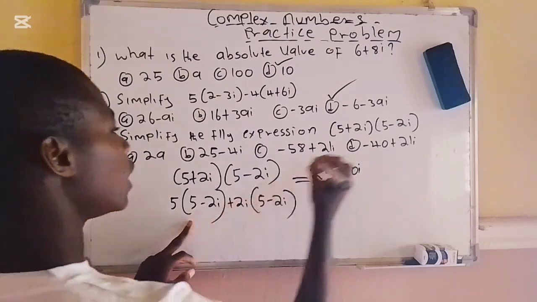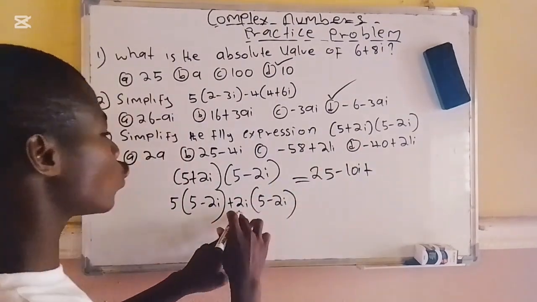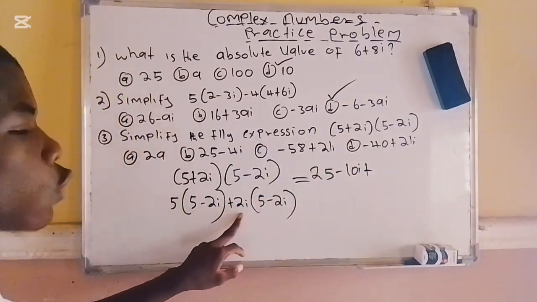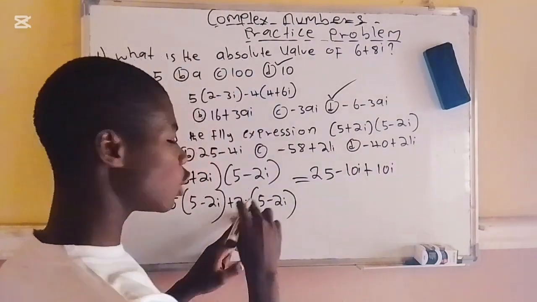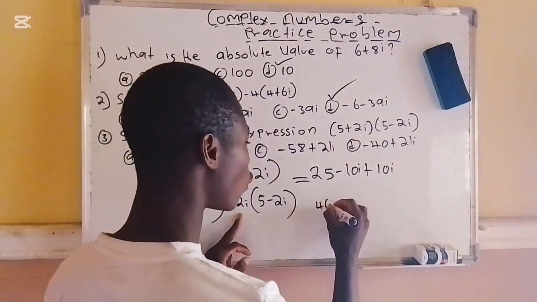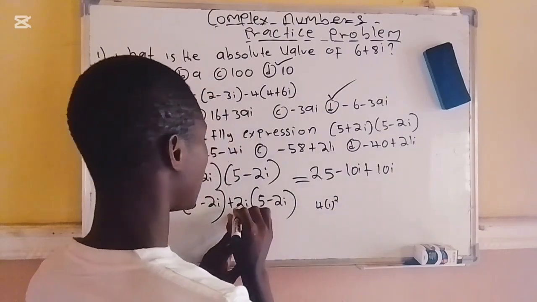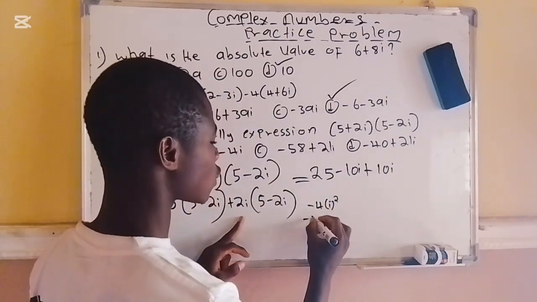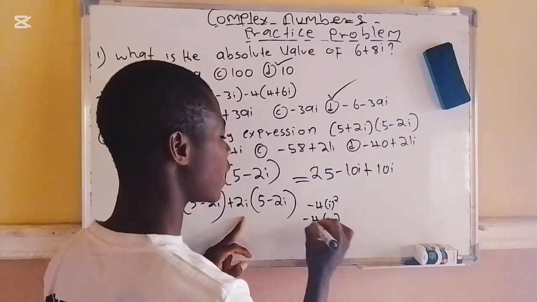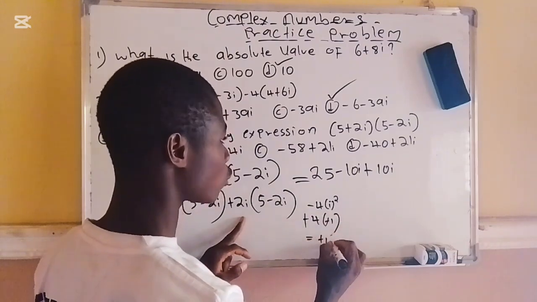And then plus 2i multiplied by 5, which gives me 10i. And 2 multiplied by 2 gives me 4i squared, and it will be negative. I squared is the same thing as minus 1, and minus times minus will be equal to positive 4.